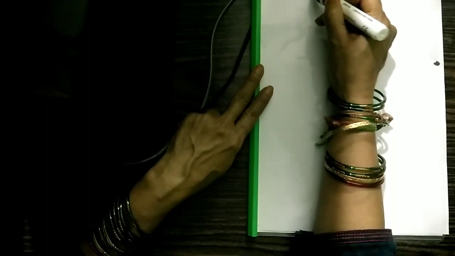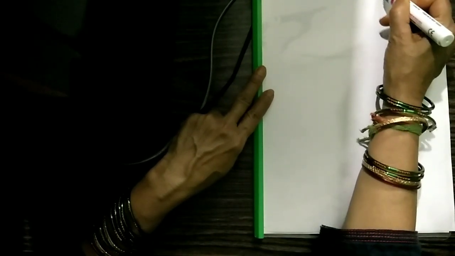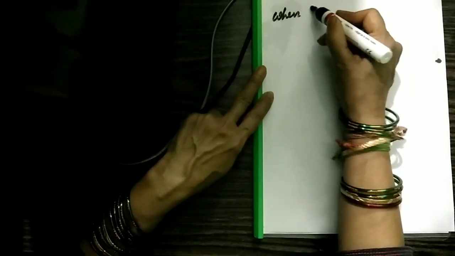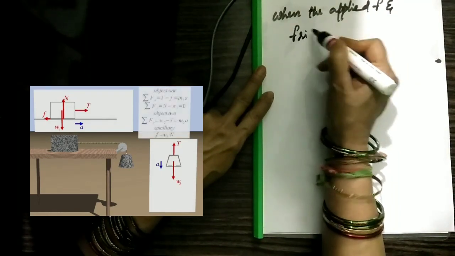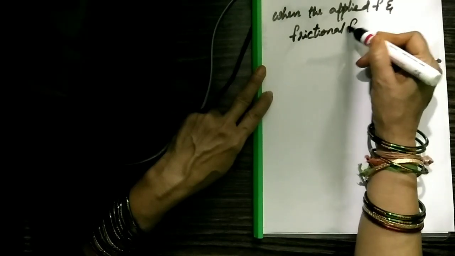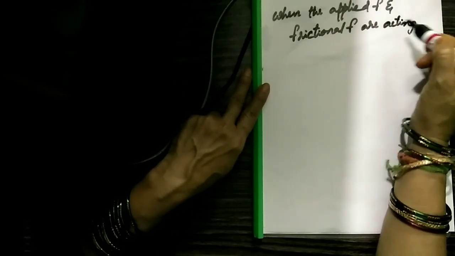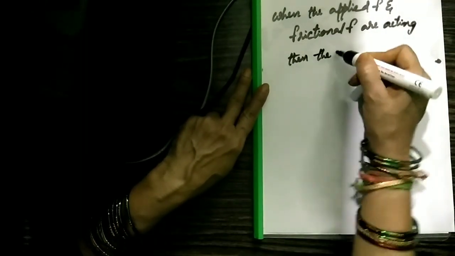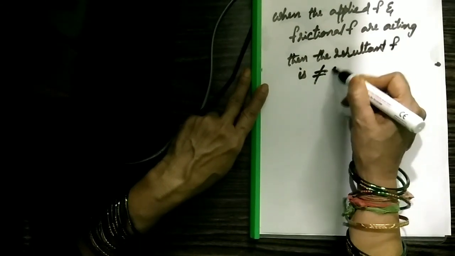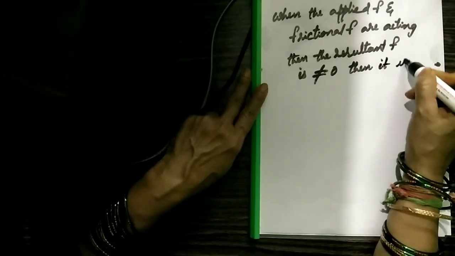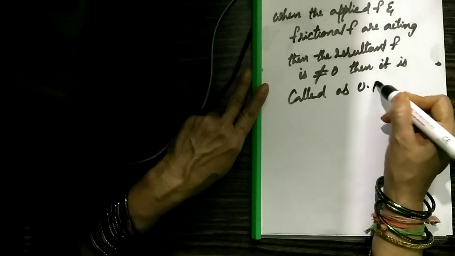Now, coming to unbalanced force. When the applied force and frictional force are acting, then the resultant force is not equal to 0, then it is called unbalanced force.